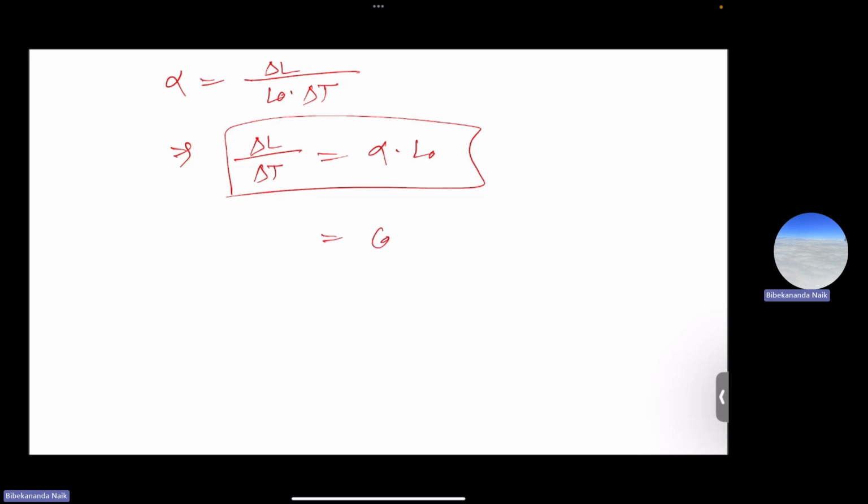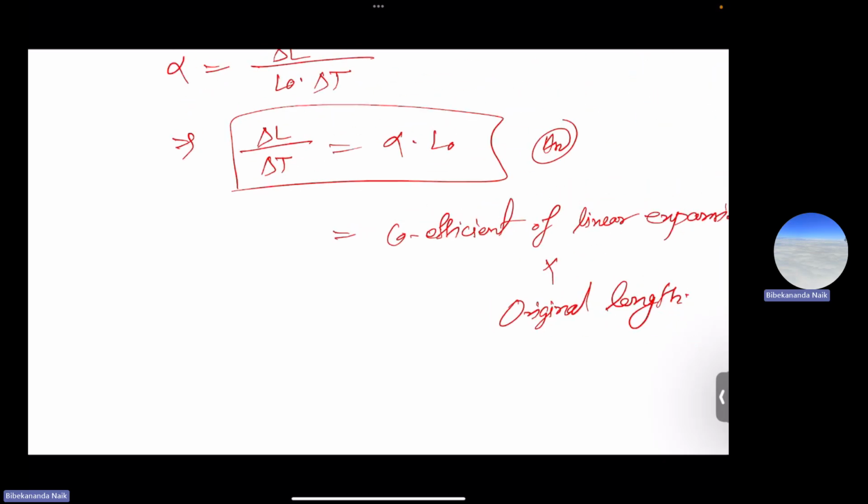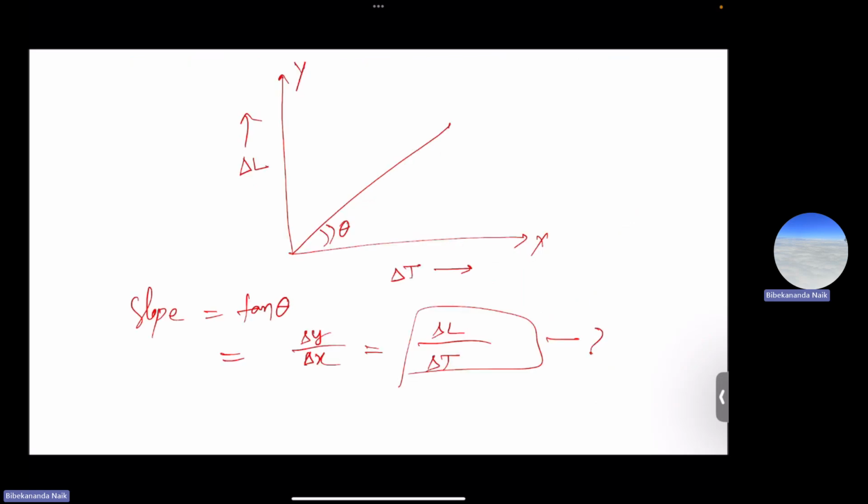So that means coefficient of linear expansion into original length. So the correct answer is coefficient of linear expansion into original length, option B. So I hope this is clear to everyone.